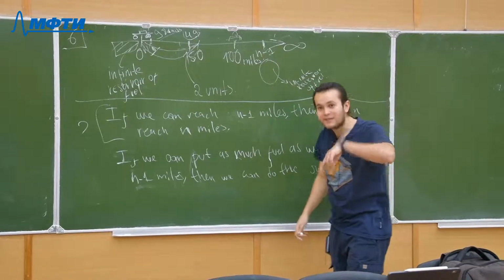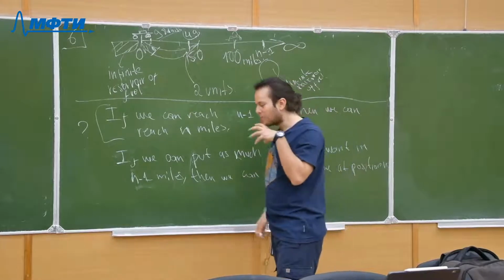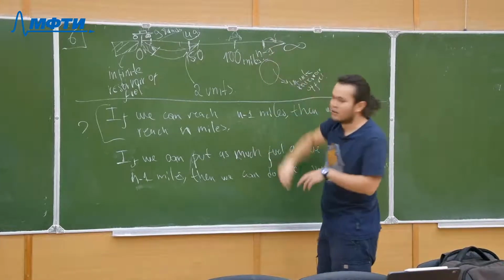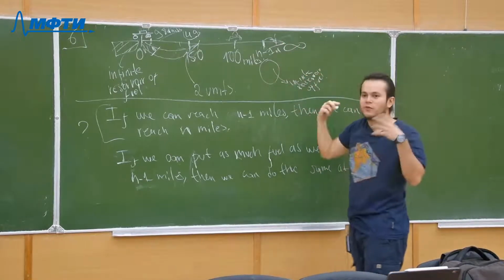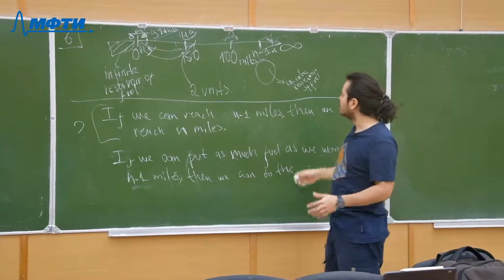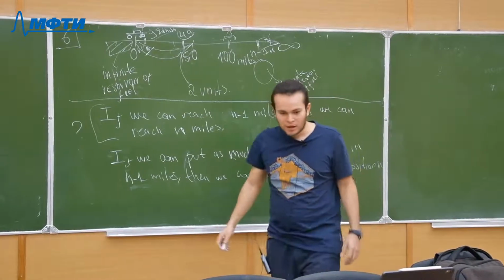In that case, we will know 100% that we can go to the position n, and that we can put in position n as much fuel as we want. Okay, so let's prove this.